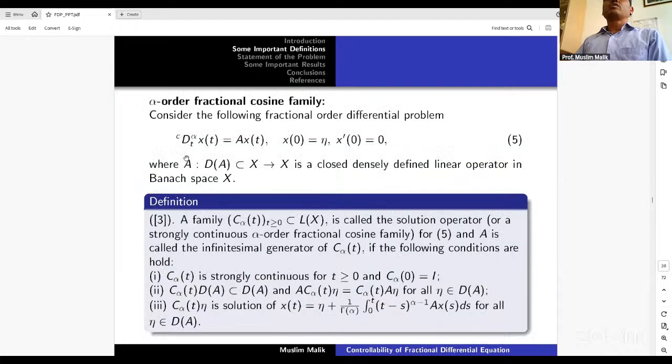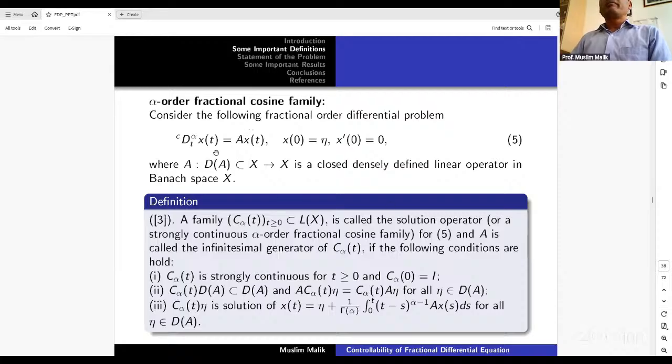Because alpha lies between 1 and 2, this kind of system is very similar to the second order wave equation, and we know that for the wave equation we need to use the sine and cosine family for finding the solution of such a system.